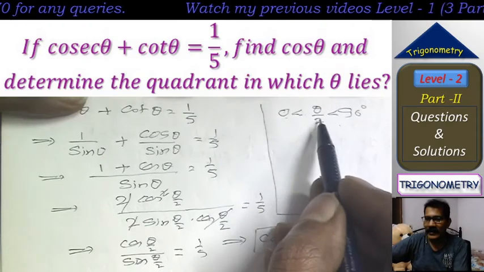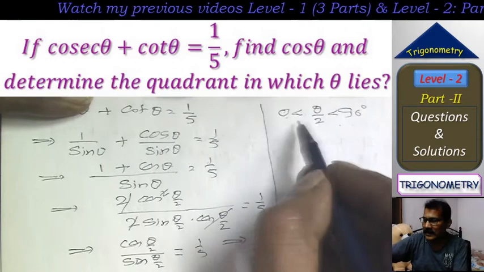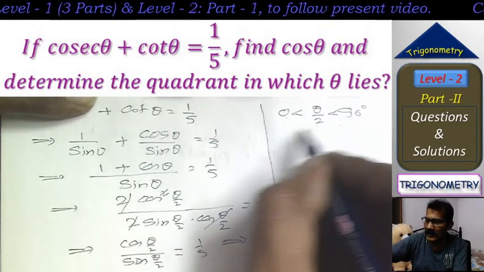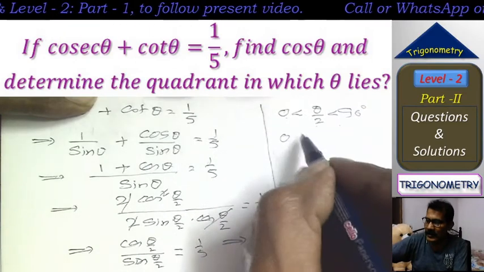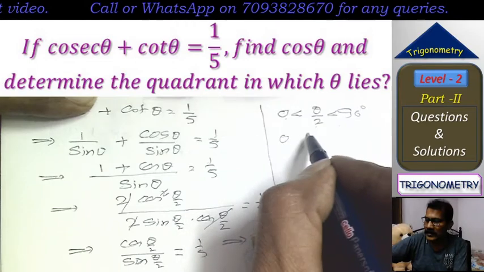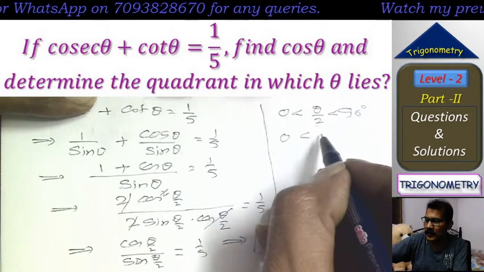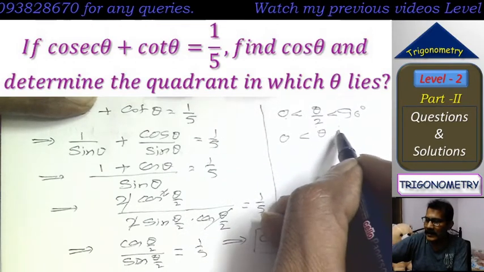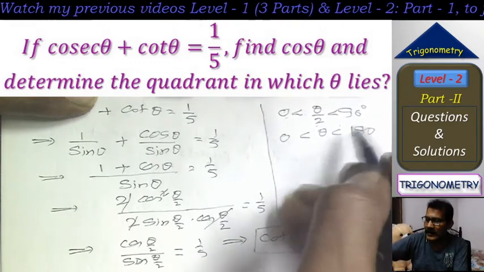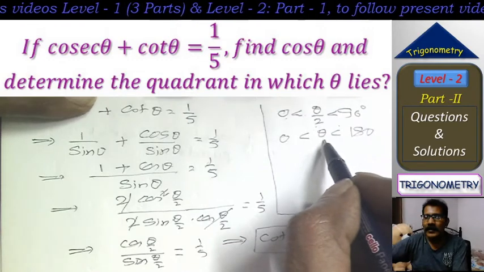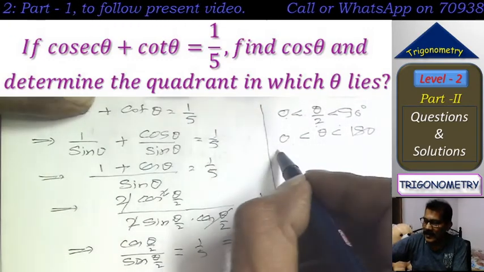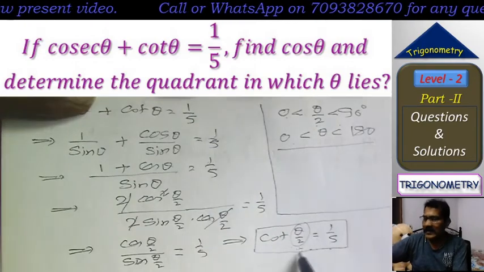We need to find theta location. That's why we multiply this entire inequality by 2. Every term I am multiplying by 2. So 0 into 2 will be 0, less than theta by 2 into 2 is theta, less than 2 into 90 is 180. Means theta should lie anywhere from 0 to 180. This is the first possibility from this result.